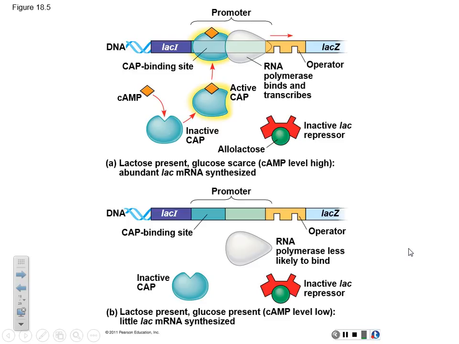There's another thing, though, that E. coli needs to consider when it's deciding if it wants to express the lactose operon. What could that be, right? Isn't it all about lactose? Well, you know what? There's something more important than lactose.